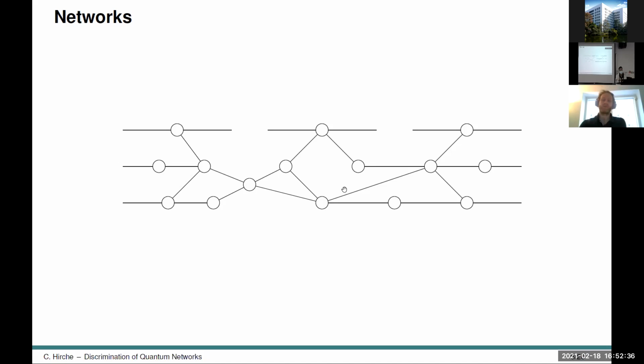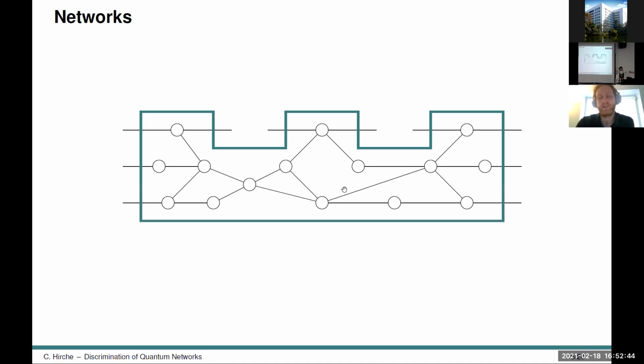And this is what mostly distinguishes this setting from the channel discrimination. And I think this mostly goes back to work by Hirche et al. And we usually think of this in the setting of K combs. So you can see that this, for example, is a 3-comb.